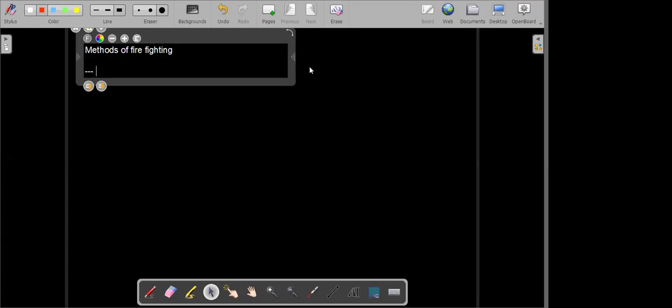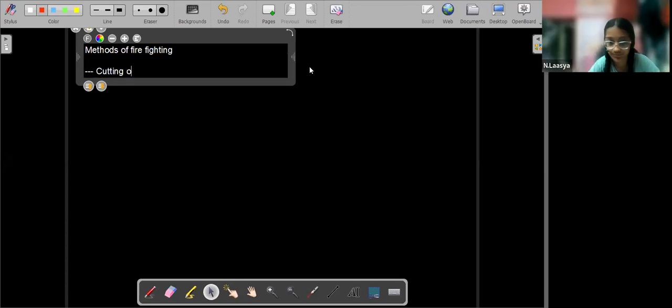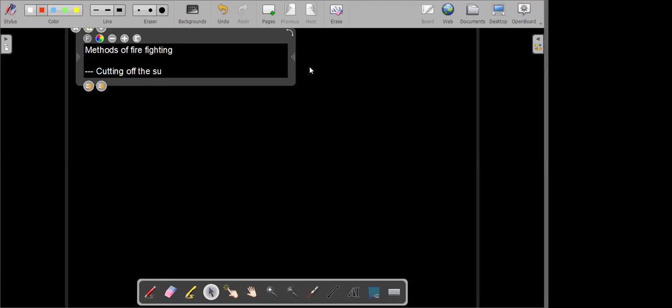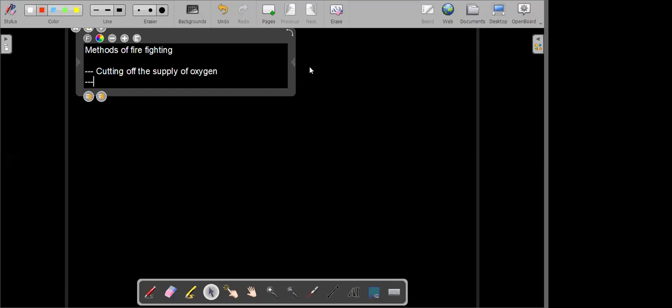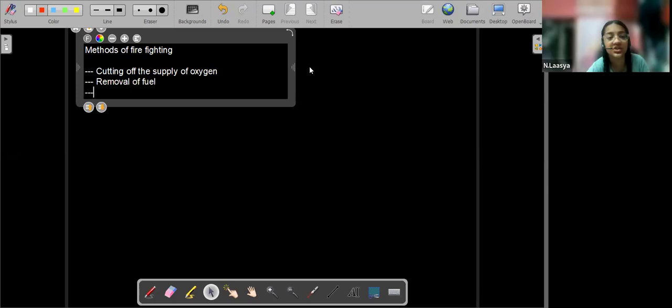The first method is cutting off the supply of oxygen. Then we can have removal of the fuel. Then you can have using fire extinguishers.